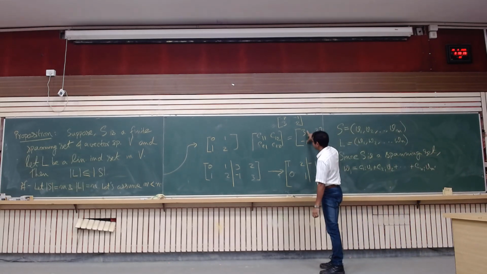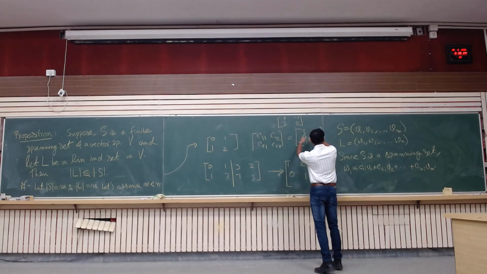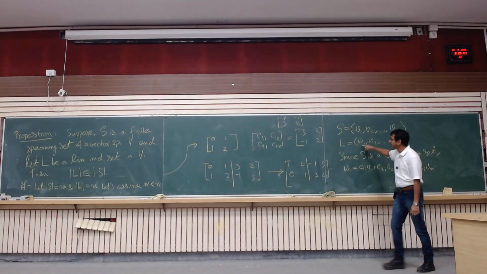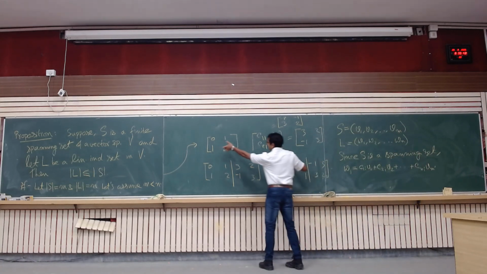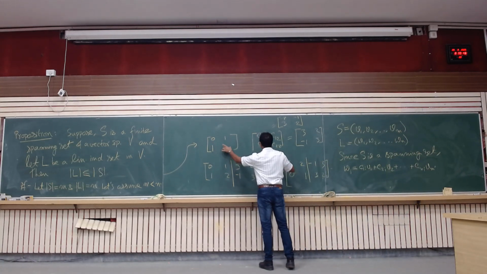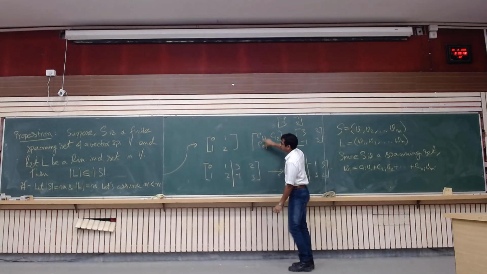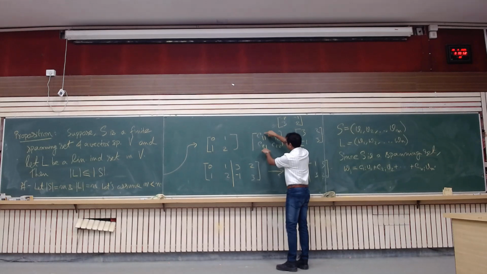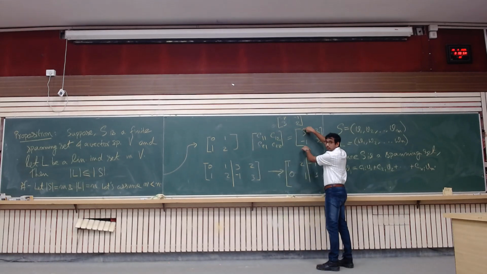We are writing every column, instead of a column, now think of the elements of this linearly independent set. So we are writing this as a linear combination of the elements of S. So like this one, C1 times the first column, C2 times the second column, was giving you the first column, this one. Okay.